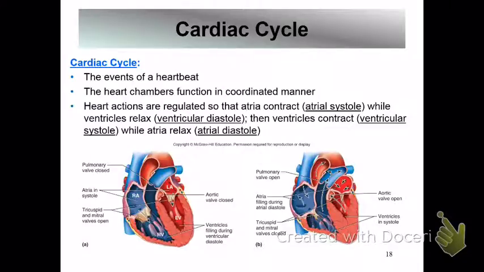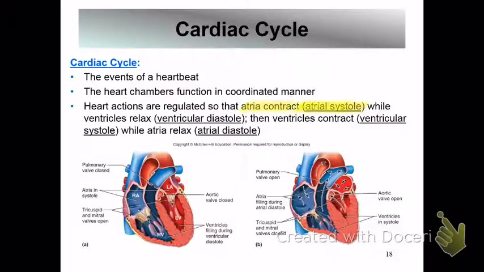Okay, the cardiac cycle. What happens? It says this is how the heart beats. The heart chambers function in a perfect manner. Lub-dub, lub-dub, that's the sound they make. Heart actions are regulated so that, and you want to highlight this, the atrial systole occurs while the ventricle relaxes.